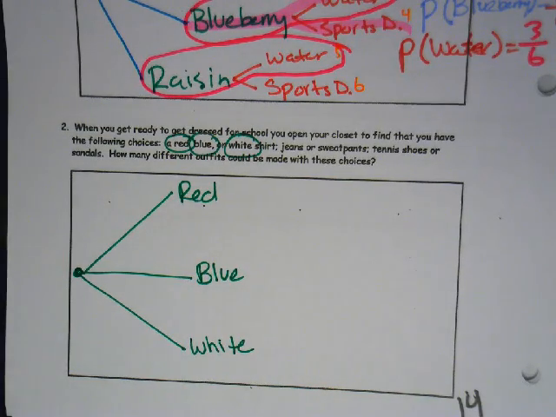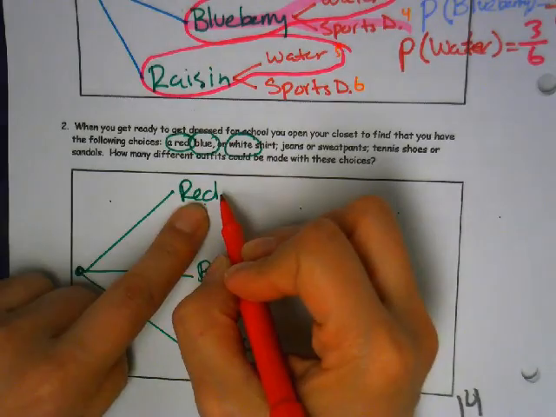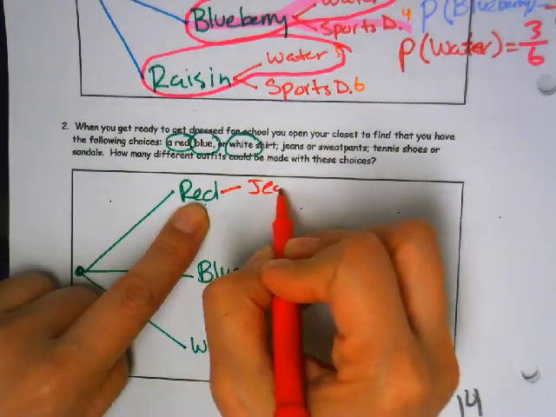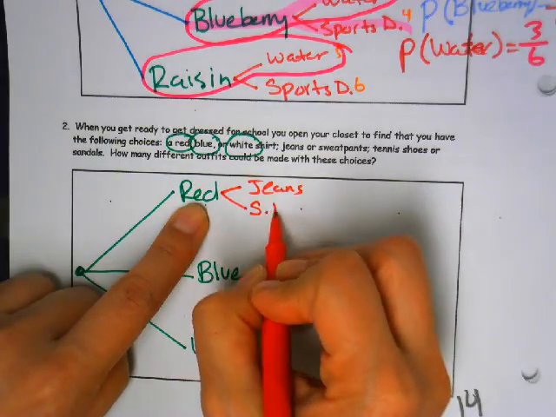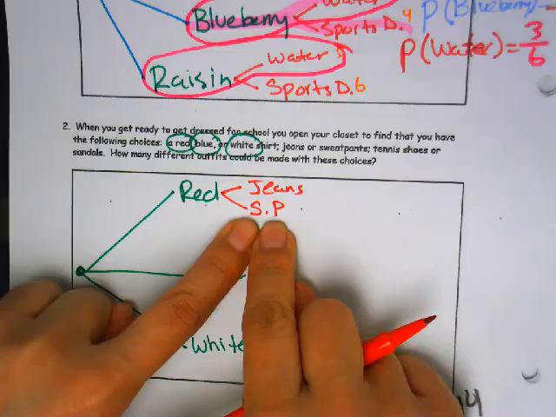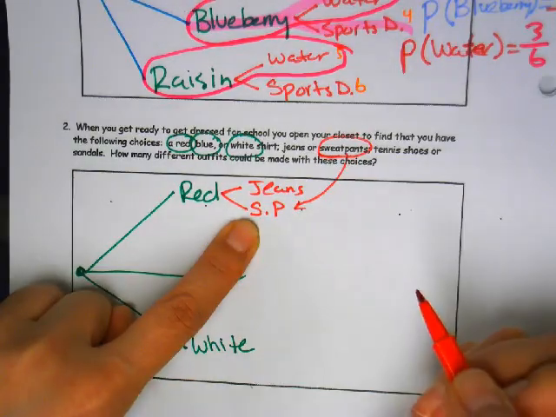Okay, now that I pick my top, what do I have as my bottom options? Jeans or sweatpants. So I can wear a red shirt with jeans. I can wear a red shirt with, I'm going to write SP for sweatpants. Is that okay? Okay.